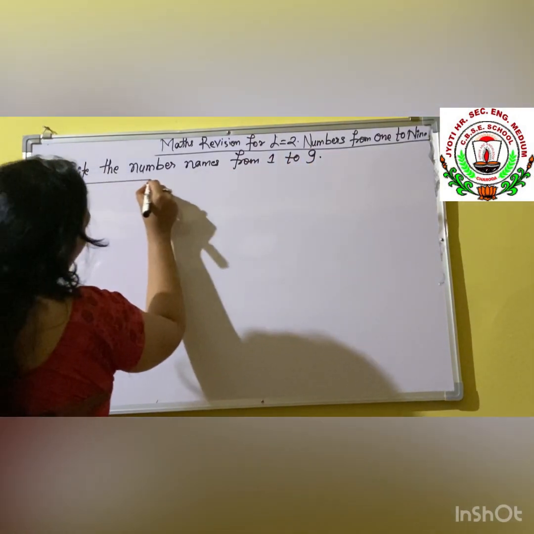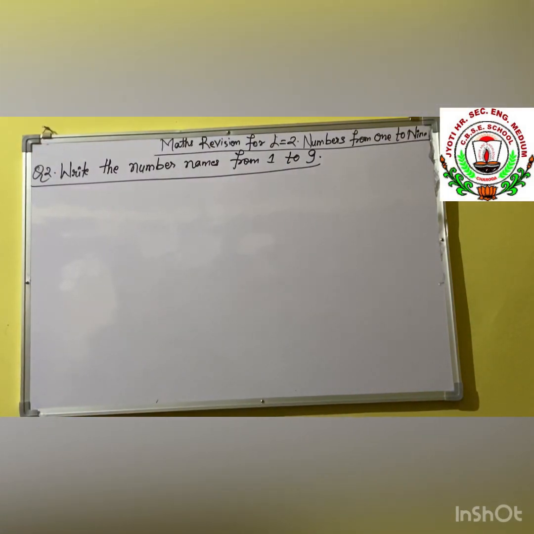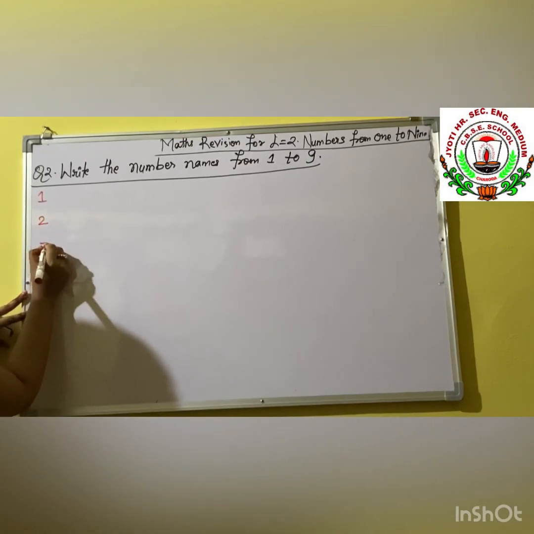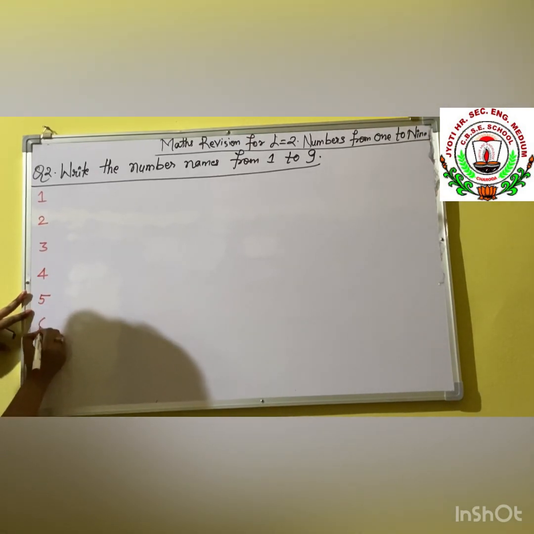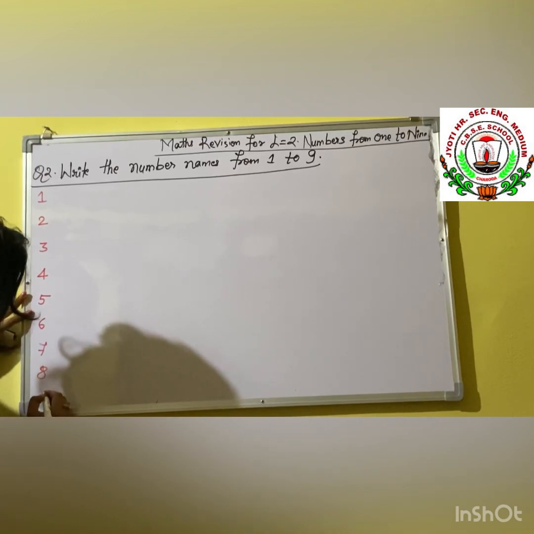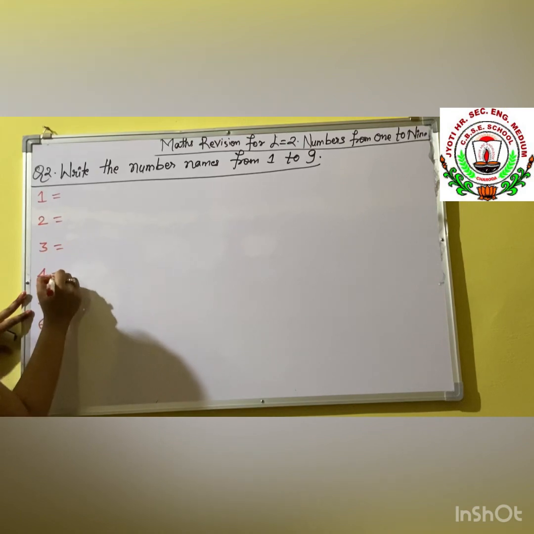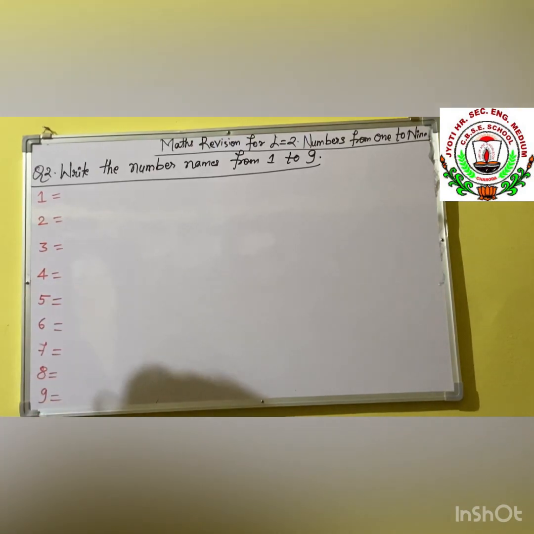From 1 to 9 we have to write the names of the numbers. So here it is: 1, 2, 3, 4, 5, 6, 7, 8 and 9. First we will write the number, then we will write the spelling or number name.